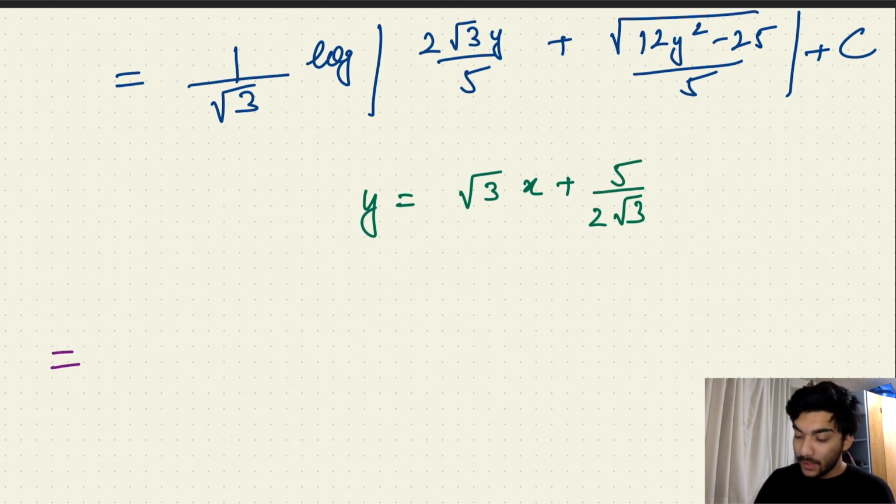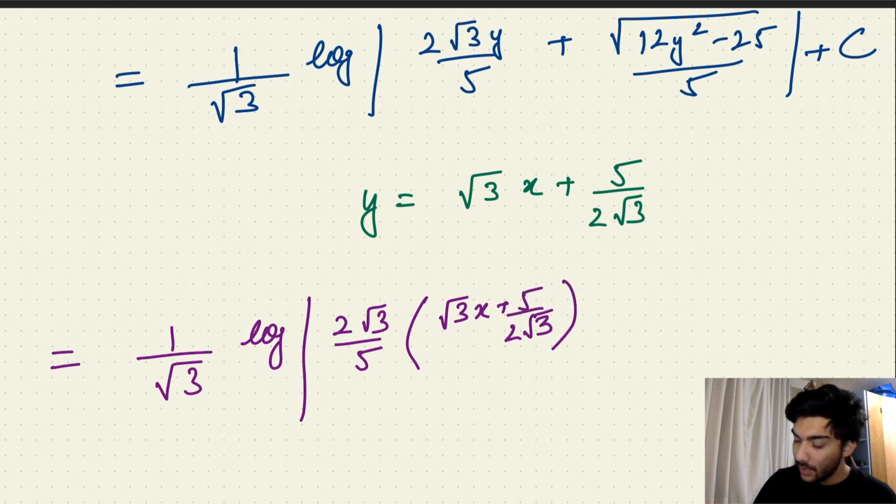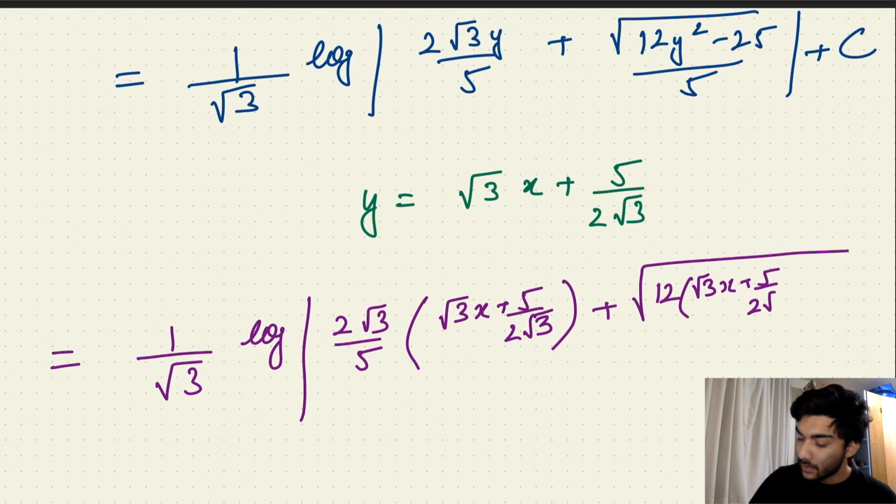If you want the final answer to the original integral, you just have to substitute the value of y, which would be 1 by square root 3 times log of 2 square root 3 by 5 times root 3x plus 5 by 2 root 3, plus the square root of 12 times y square, which is this expression over here, minus 25, upon 5.